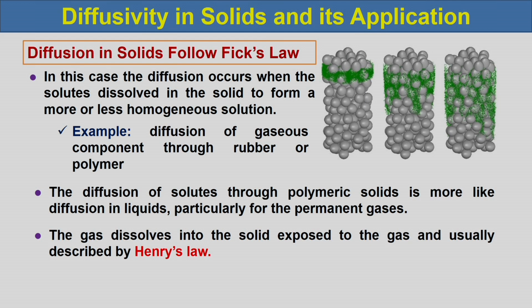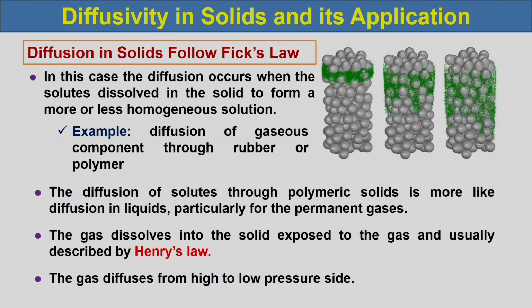Gas dissolves into the solid exposed to the gas, usually described by Henry's law. So, in this case the gas which diffuses into the solid material forms a homogeneous solution, and the solubility of the gases in the solid obeys Henry's law.